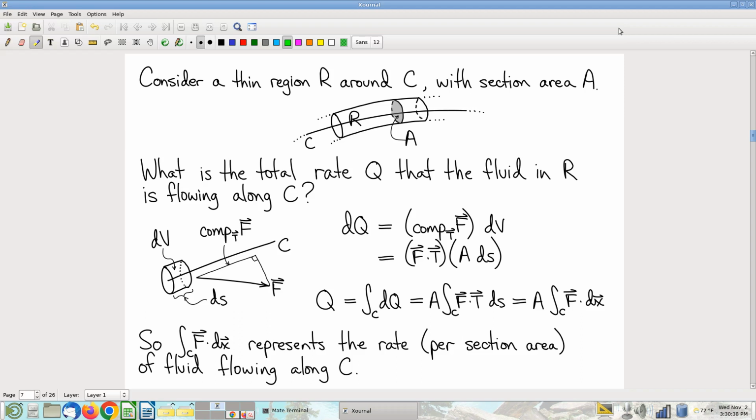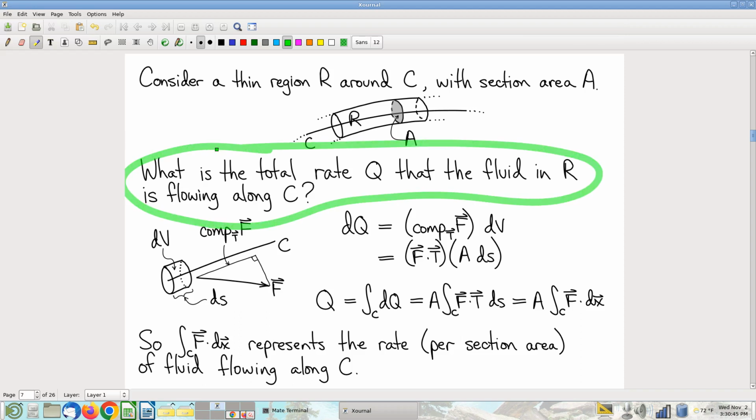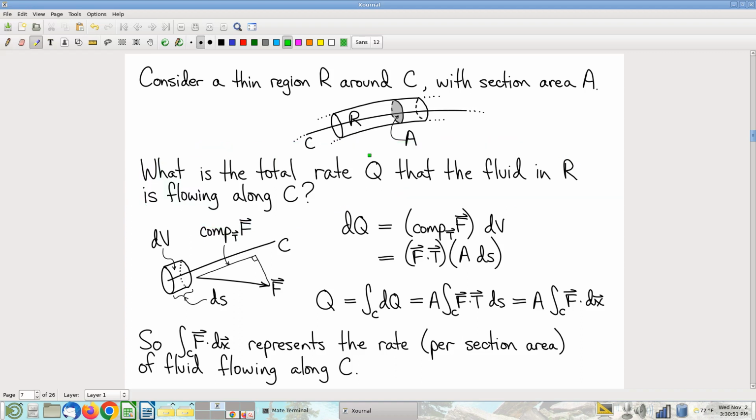Okay. So we were talking about this seemingly kind of odd question here about the rate that fluid flows along the curve. And even weirder, it was phrased as, okay, well, let's think about all of the fluid that is within a certain cross-section, you might say, of the curve.